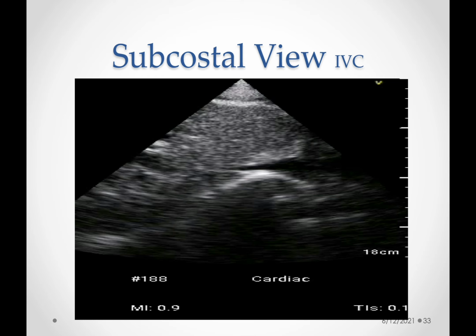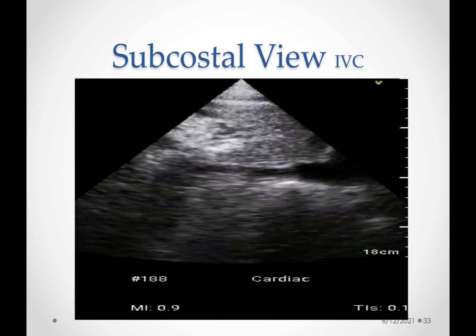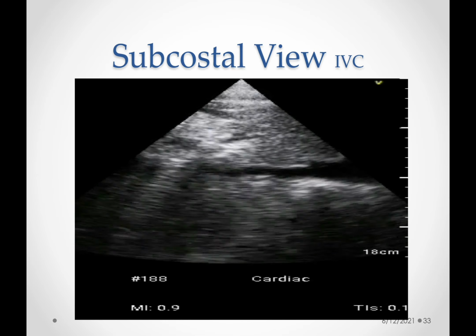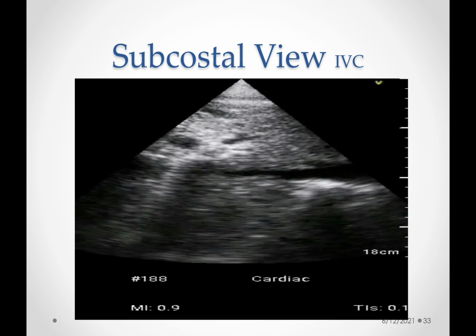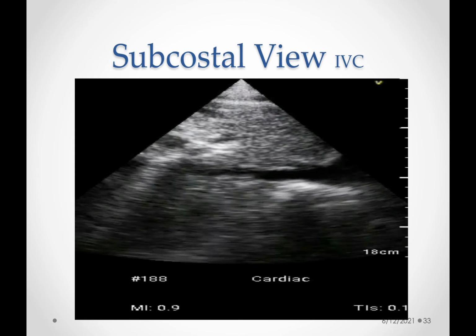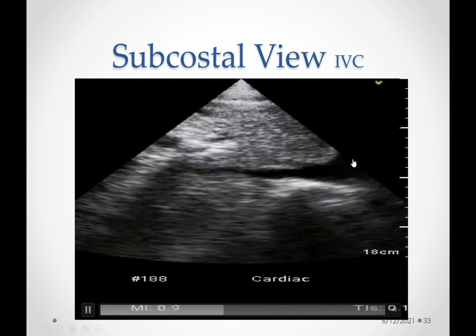In the subcostal view, if you rotate your probe 90 degrees anti-clockwise, you might be able to get this view, which is the view of the IVC going into the right atrium. And this is the start of the right atrium on the right side of the screen, which is the big balloon there.